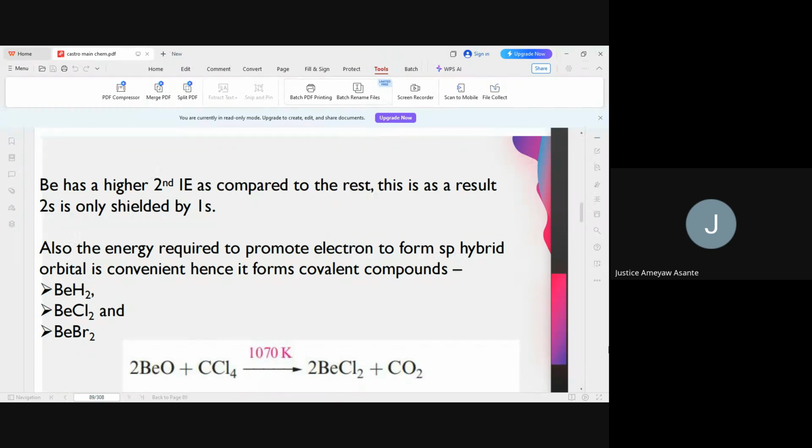Now, why do we say beryllium exhibits more nonmetallic property than the other metals? Now, let us look at the ionization energy of beryllium.